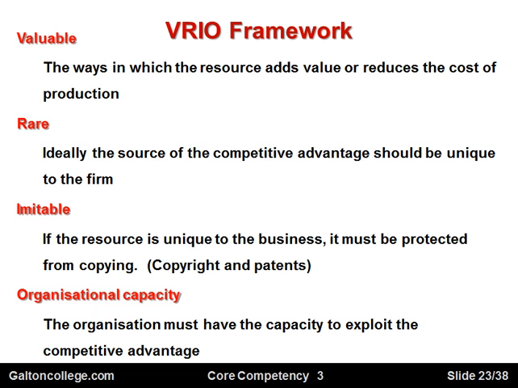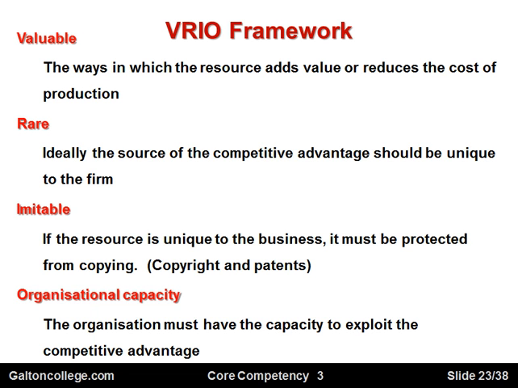Lastly, we've got organizational capacity. The organization must have the capacity to exploit the competitive advantage. If a company has got a competitive advantage, it must be able to exploit it. Otherwise, it's wasted. So the organization must have the capacity, it must have the facility to exploit the opportunity.